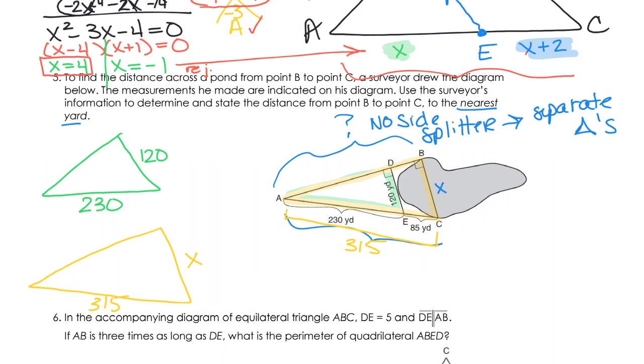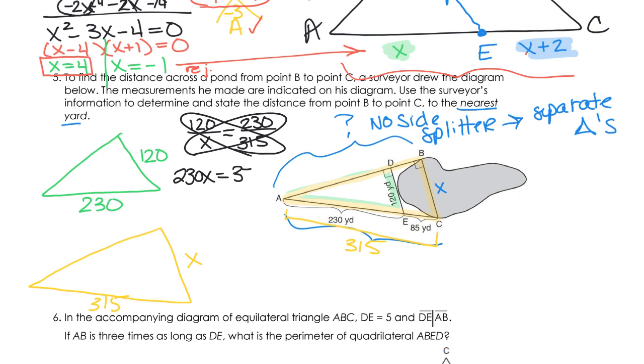We're going to say 120 over the corresponding side of x is equal to 230 over the corresponding side of 315. We'll cross multiply, and I end up with 230x equal to 120 times 315, which is 37,800.